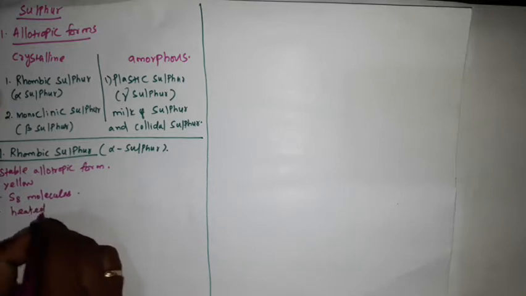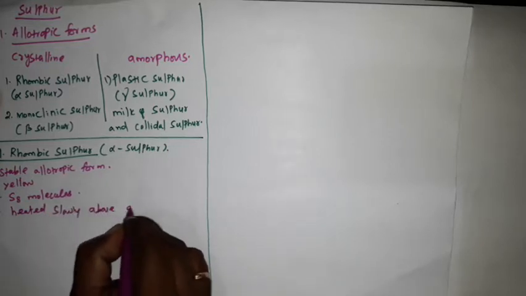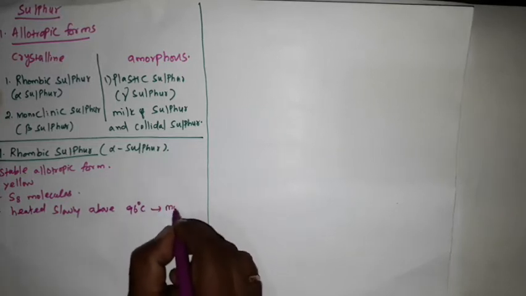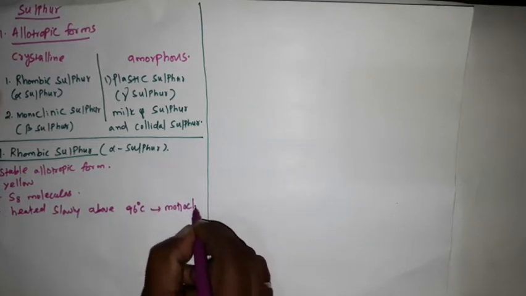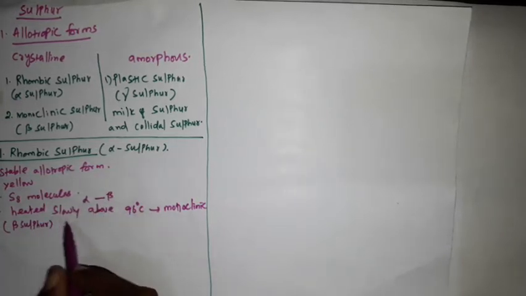Then when heated, what will happen? When heated slowly above 96 degrees Celsius, it converts into monoclinic sulfur, or you can say beta sulfur. So the alpha form will convert into the beta form when heated slowly above 96 degrees Celsius.